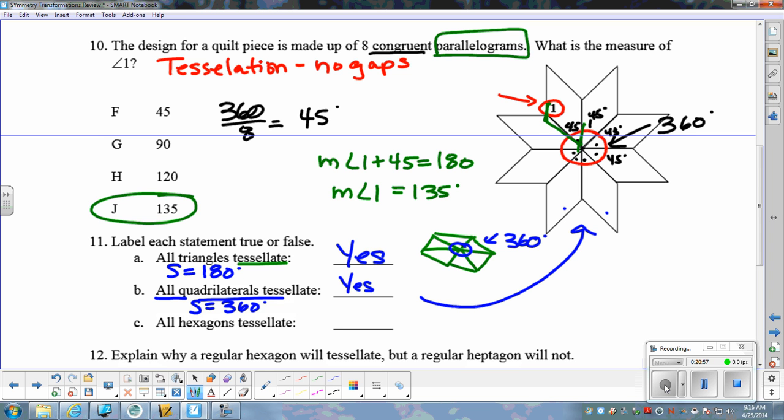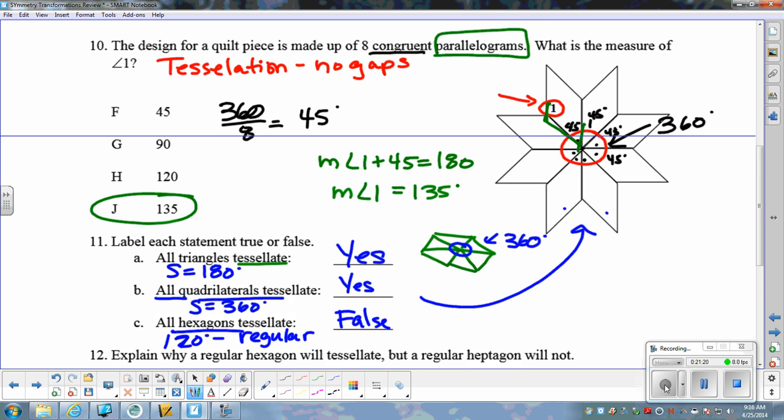Thirdly, if we look at part C, all hexagons tessellate. Well, if we look at their interior angles, each one is 120 degrees. That is only the case if it is a regular hexagon. If it's not regular, then it's not going to be true. So we're going to say false.